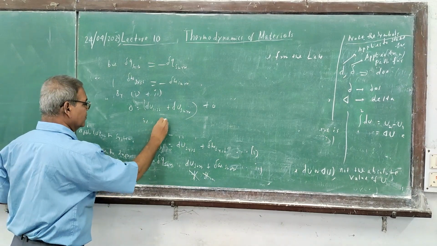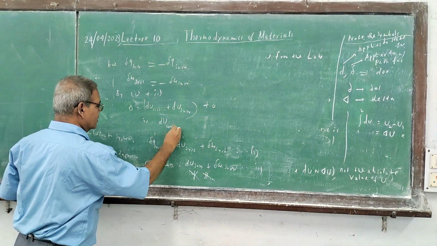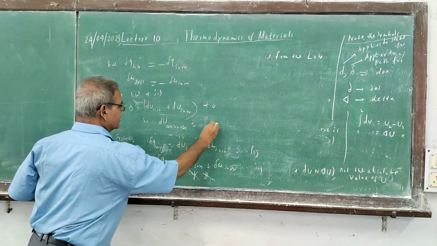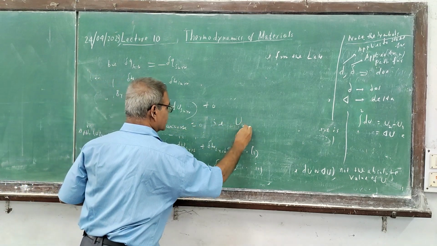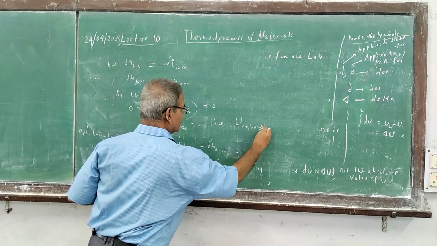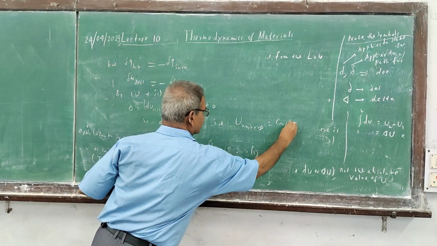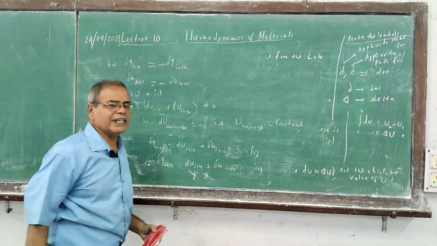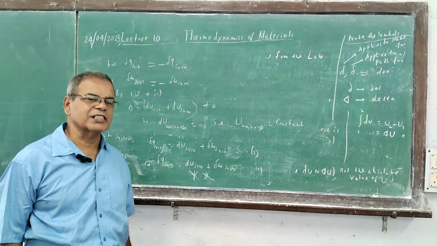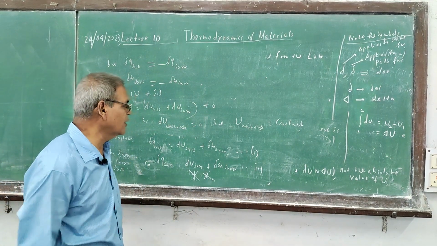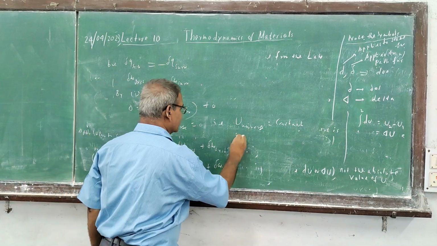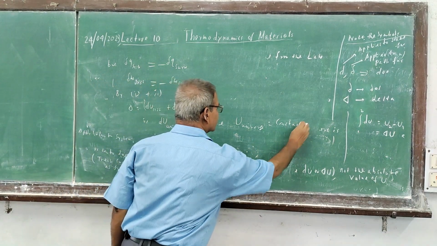So du universe is 0, that is, u universe is constant. The internal energy of the universe is constant, unchanged, conserved.